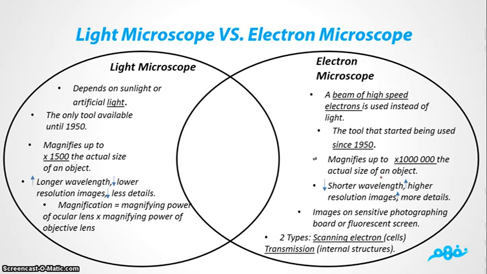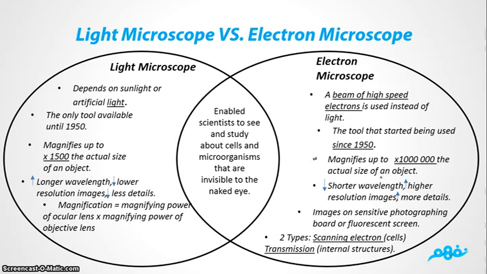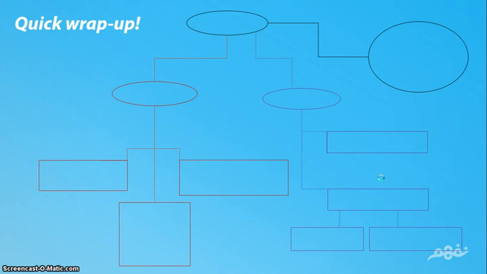There are two types of electron microscopes, the scanning electron and the transmission. Scanning electron is to observe cells only, but the transmission is to see the internal parts of the cell, what's smaller, what's inside the cells. Of course, both enabled people to see smaller things inside living organisms that we cannot see using our own eye. Now we're going to wrap up the lesson quickly.